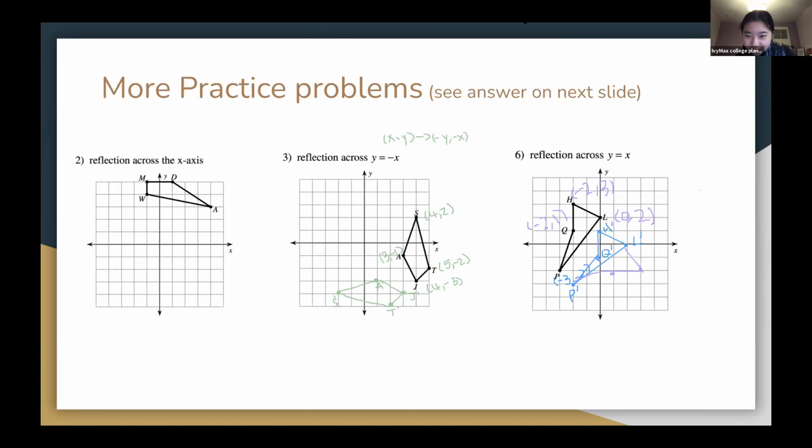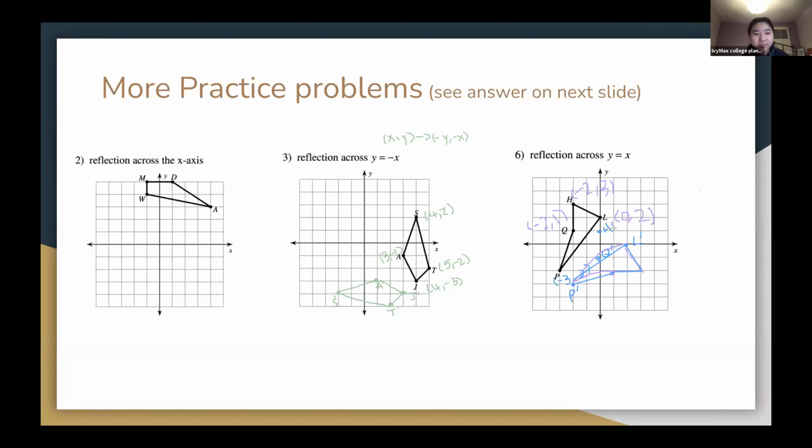Okay, let's see the next one. Okay, here's the graph.